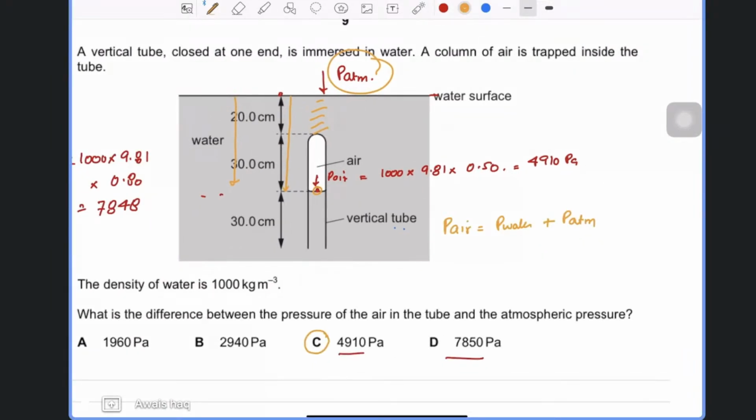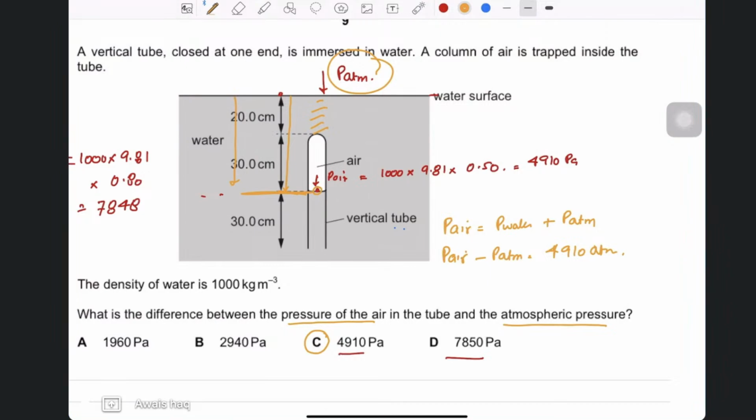They need the difference between pressure of air and the atmospheric pressure. So pressure of air minus pressure of atmosphere would be actually this depth of water, which is 4910. Do you understand now? That is why I chose this answer. All right. Any questions, please, now?